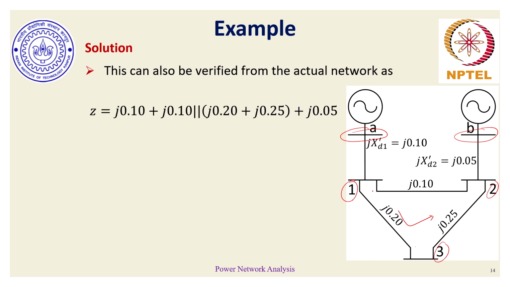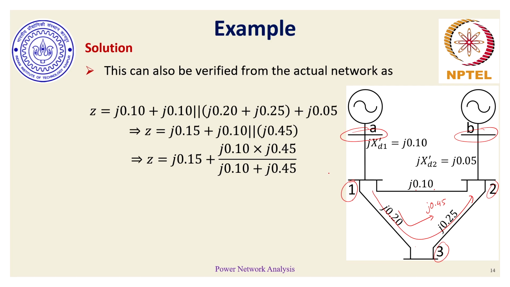So effectively the impedance present on this path is j0.45. j0.45 happens to be in parallel with j0.1, which is essentially what is mentioned over here in this particular term.